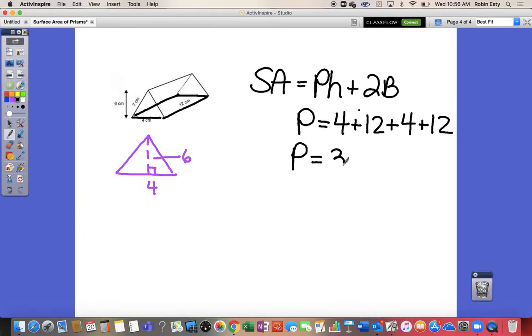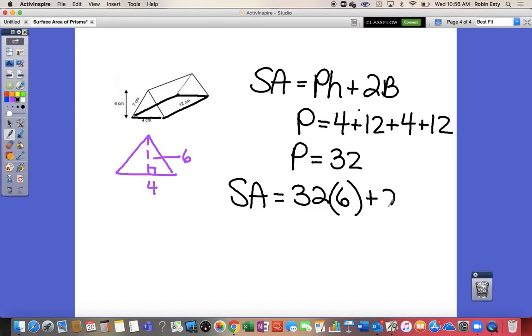And then I'm going to take the height of this, so that's my perimeter, times my height, which is 6. And then I add to it 2 times my base area. Well, this is my triangle, and remember, area of a triangle is base, not a big B, little b, base times height divided by 2.